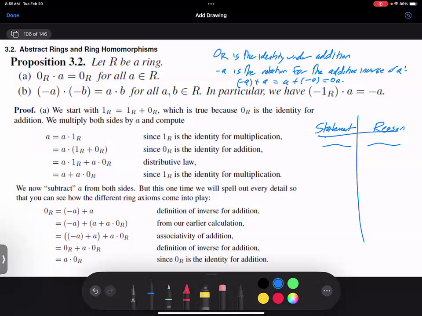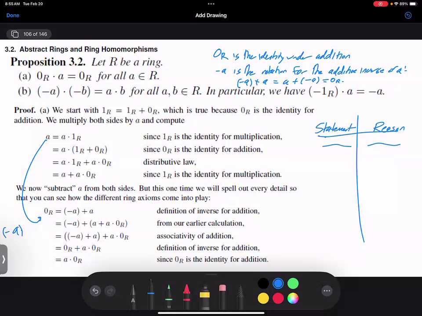And then on the right-hand side, okay, so 0 is negative a plus a. And then from over here, the a plus a times 0_R, we've added negative a to that as well. So really, this over here is coming from a plus, I guess we're doing it on the left.